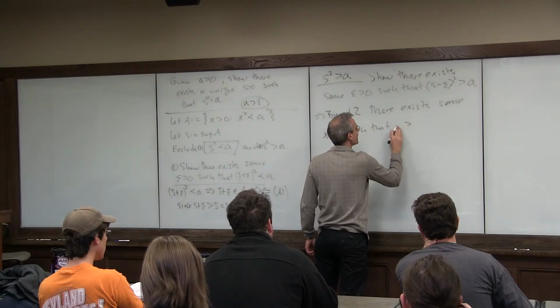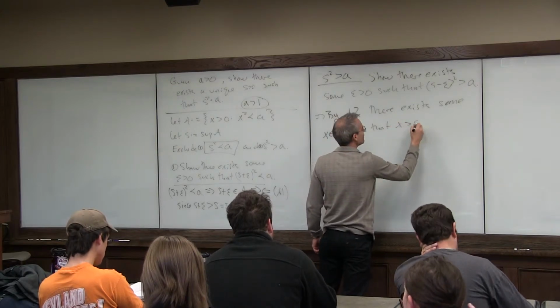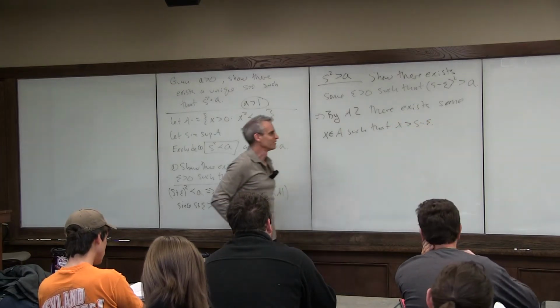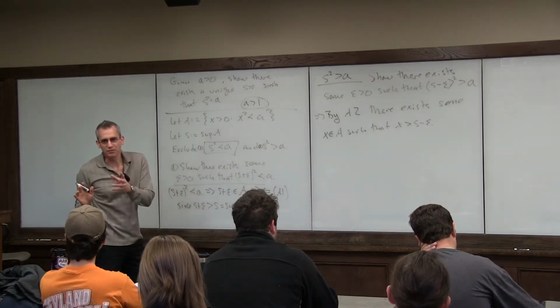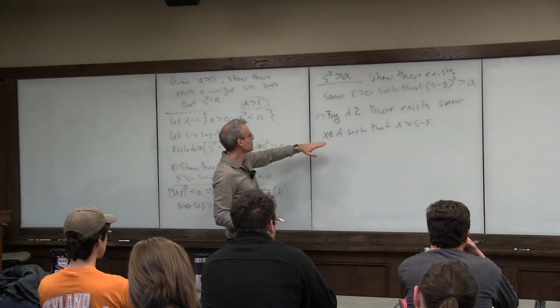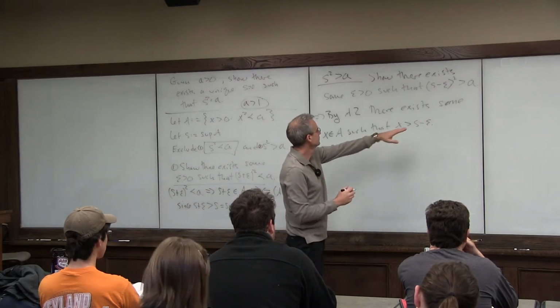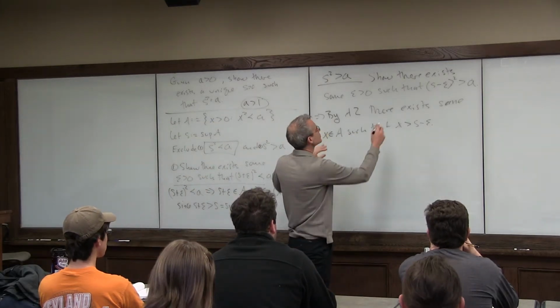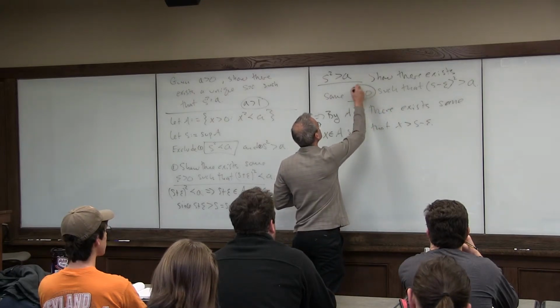Sorry, X is greater than S minus epsilon. So we've got to make sure we translate all our letters here, and that's why it's good to not remember exactly what the letters are. So there exists some X such that, for every epsilon greater than 0, yes, but we have this particular epsilon.